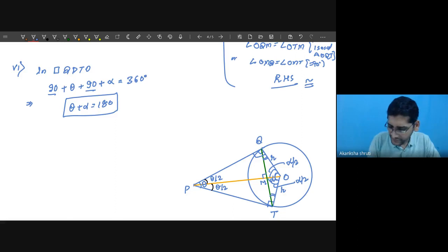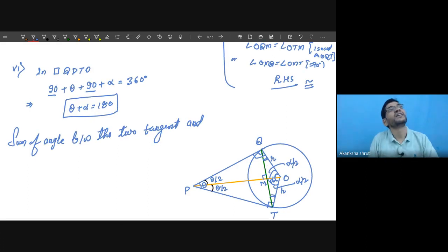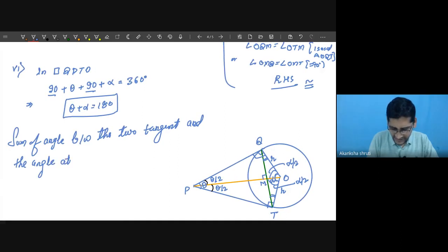So write: sum of angles between the two tangents and the angle at center by the radii joining the two tangential points.